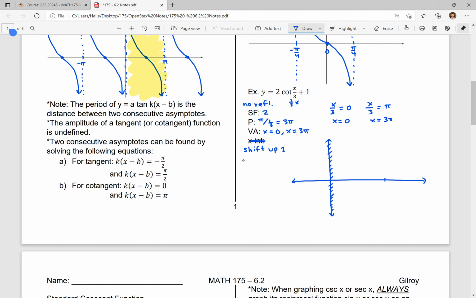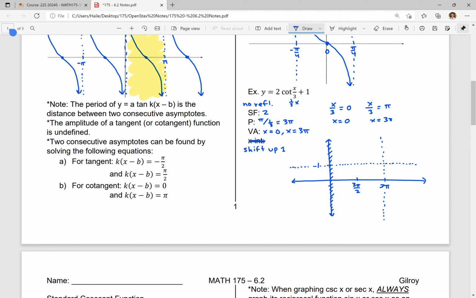And then I'm going to draw a second asymptote at 3 pi. And then I'm going to have a point at that midpoint, which is 3 pi over 2. Okay, and then to denote the vertical shift, I'm going to draw a tick mark on the y-axis at 1, and I'm going to put another dotted line going horizontally.